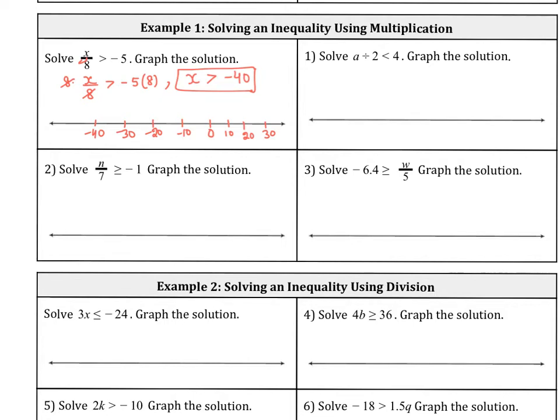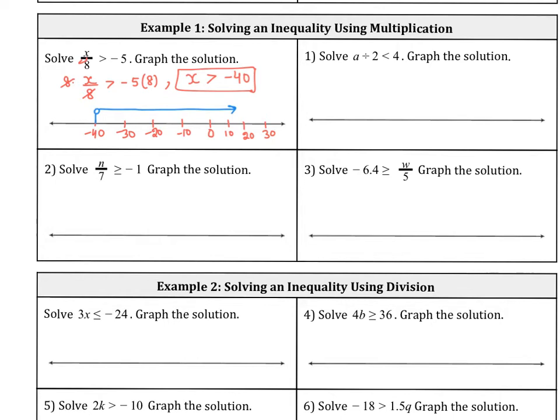It means that this graph will go on the right side or in the greater side. Now on negative 40, you make an open circle and it's going to the greater side. So this is going to be a graph of this inequality. For number 1, 2, and 3, you're going to try on your own and we will discuss together.